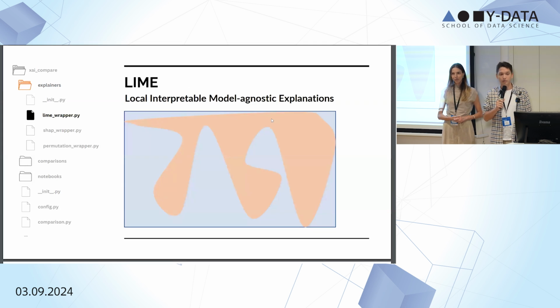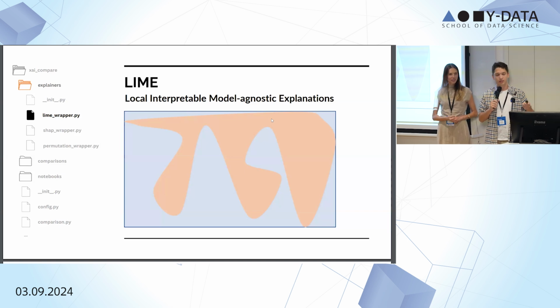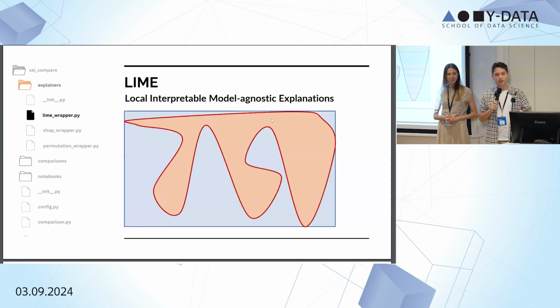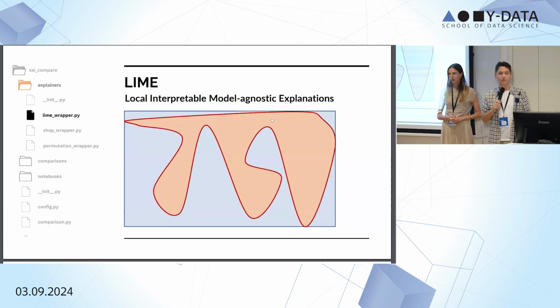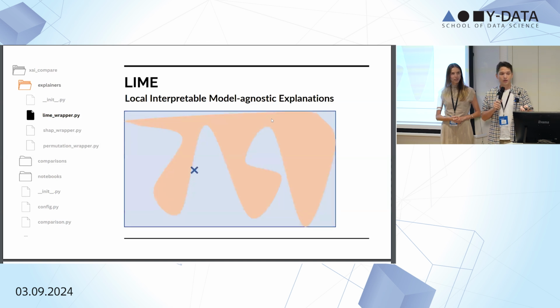First one is LIME. LIME is local interpretable model agnostic explanations. Imagine a similar case, you have two classes, two features, and this is a visualization of the decision boundary of your model. LIME helps you to understand this particular point.